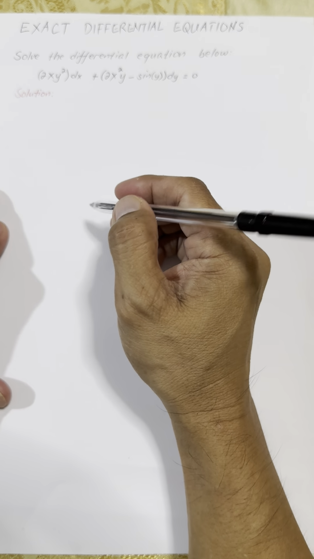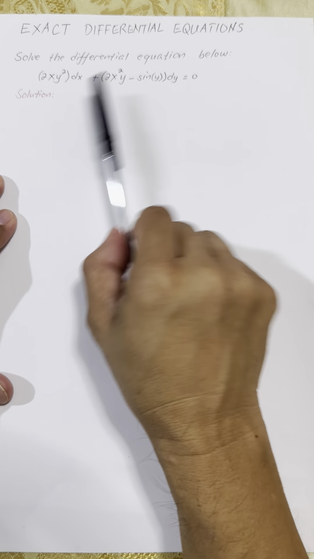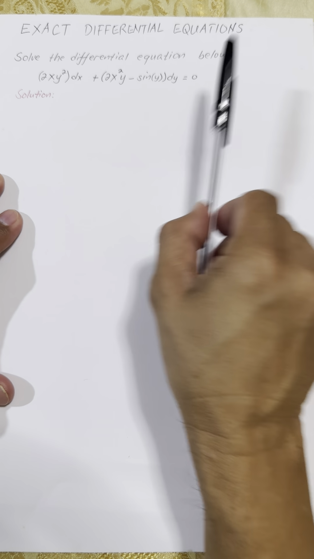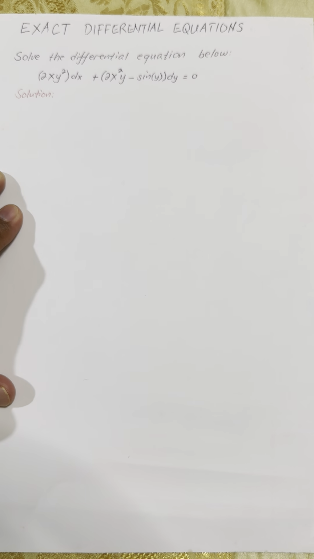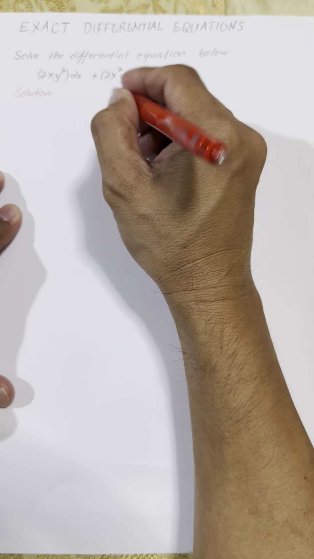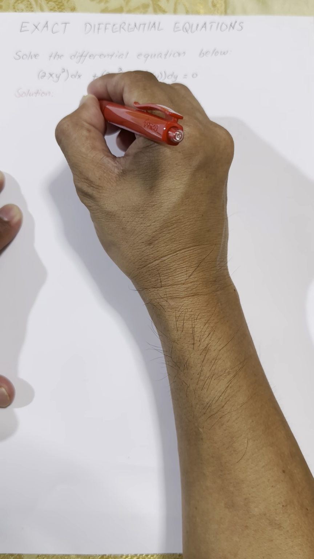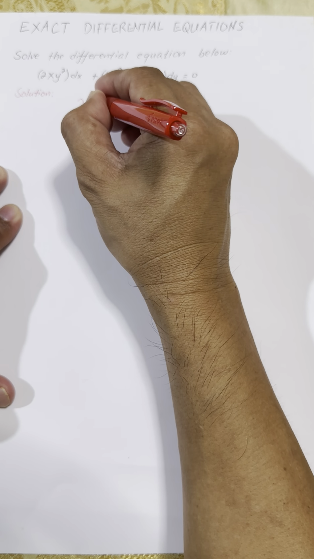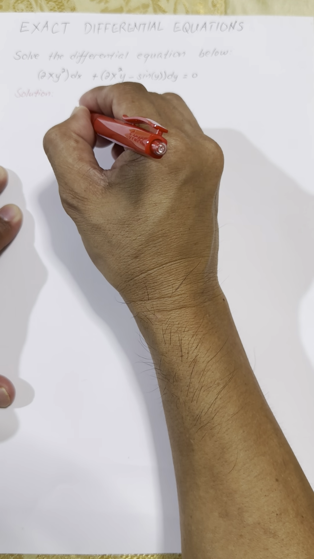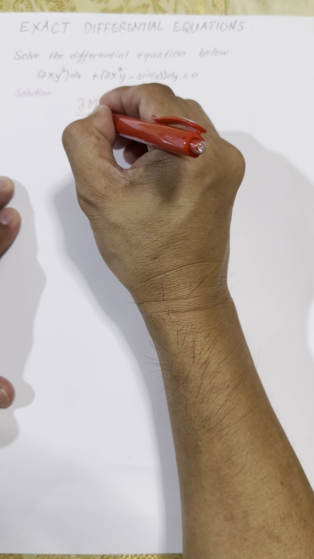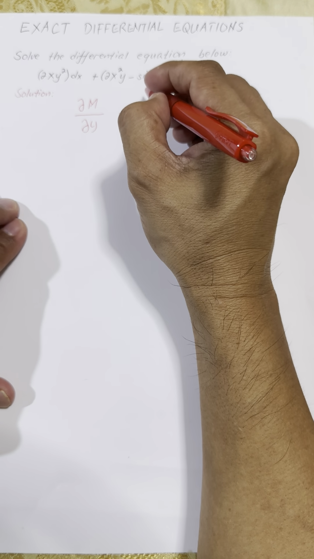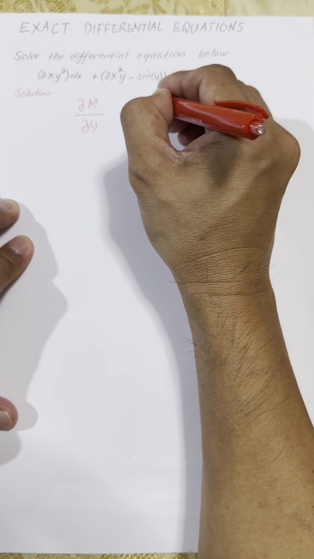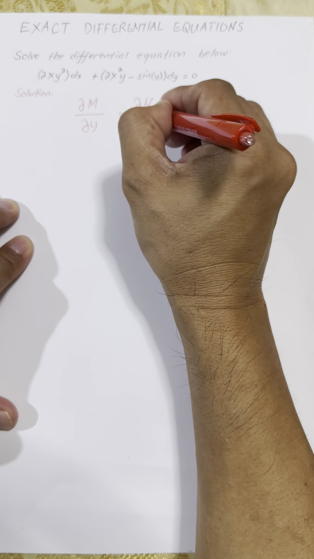Okay, so to find out whether this is exact or not, we have to find whether, we have here the condition for exactness, the partial derivative of M with respect to y is equal to the partial derivative of N with respect to x.